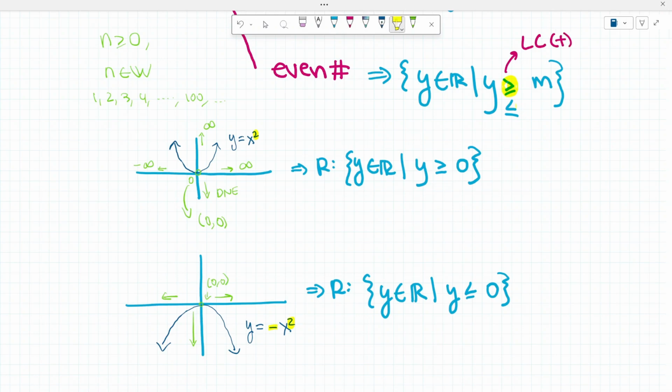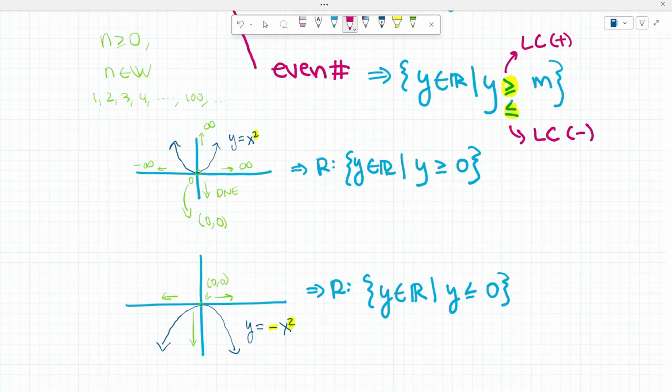We will have a range that's less than or equal to some point when our leading coefficient is negative, because that means our function is opening downwards instead of upwards. And to find what this extreme point is, I'm afraid we'll have to use a little bit more calculus to determine that. I do have other videos on curve sketching and finding local and global extrema, maxima, and minima. Those videos, using some calculus techniques, will help you determine that point.